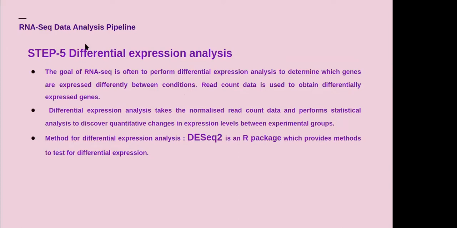This is the final step, differential expression analysis. The goal of RNA-seq is to perform differential analysis of the genes expressed in different conditions, and read count data is obtained from the genes. Differential gene analysis takes normalized read count data and performs statistical analysis to discover quantitative changes in expression level.